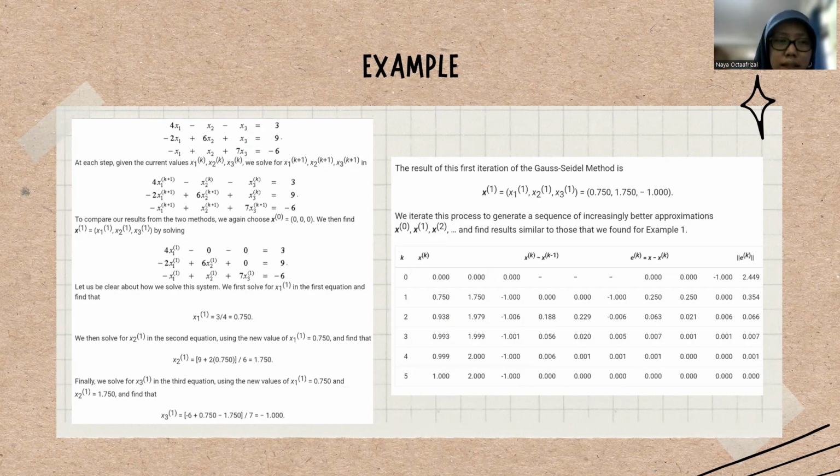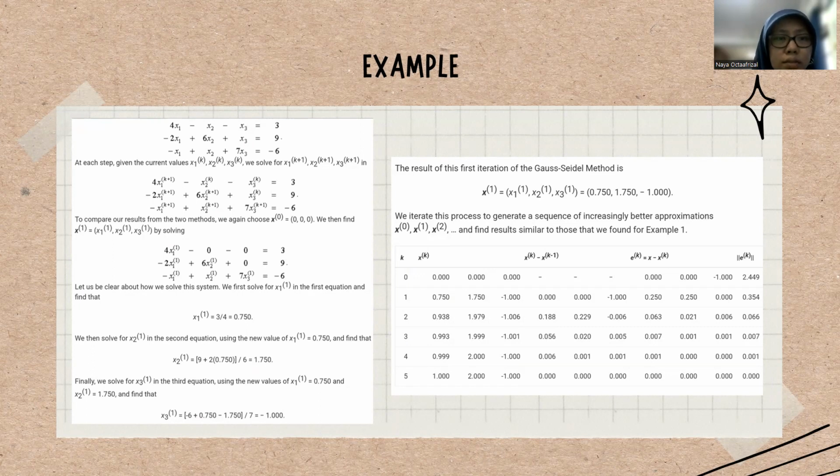At each step, given the current values x1, x2, x3, we will be solving for x1 (k+1), x2 (k+1), and x3 (k+1), which could be written like that.